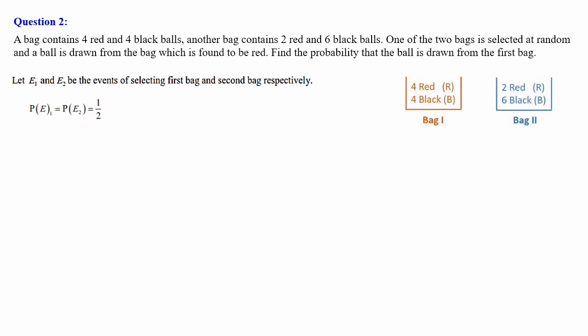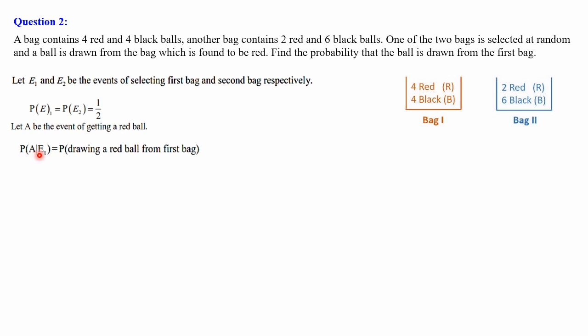Probability of choosing one bag out of these 2 bags, that is 1 by 2. Simple probability. Next, let A be the event of getting a red ball. Another event we have assumed, that is our experiment drawing a red ball. And conditional probabilities we are calculating now.